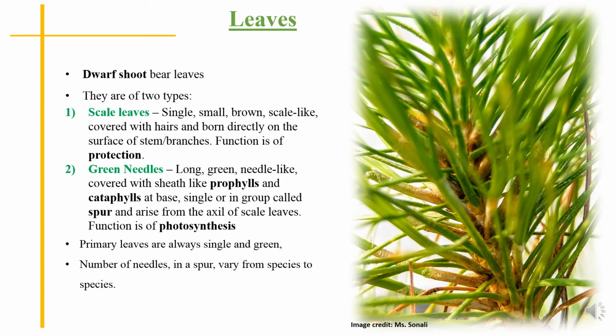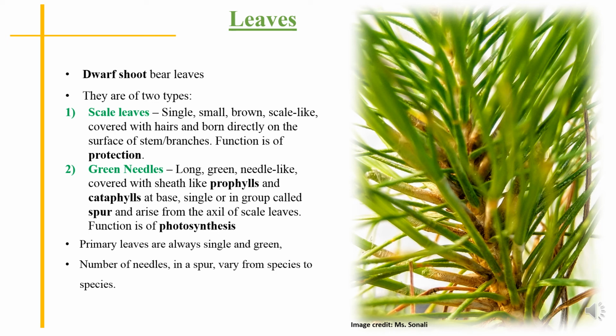Second type is of green needle-like leaves. They are long, needle-like and, as the name suggests, green colored. These type of leaves are present singly or in bunch of 2, 3, 4 or 5 needles.